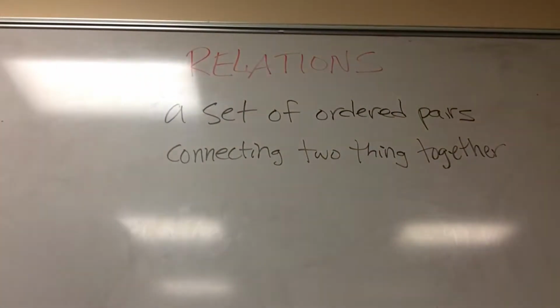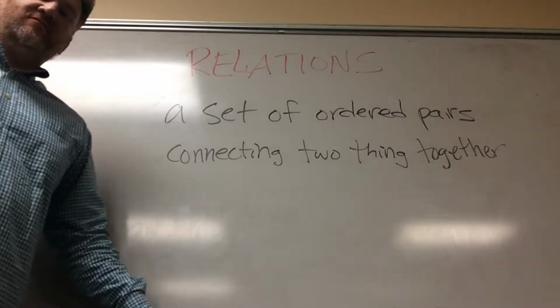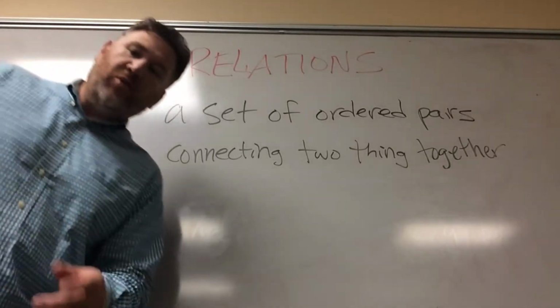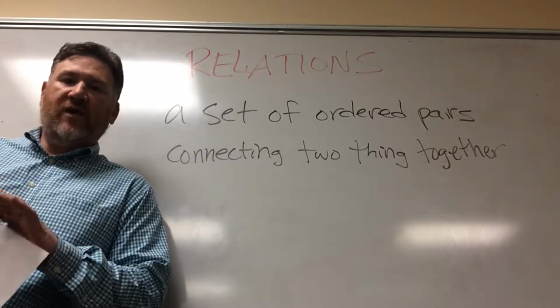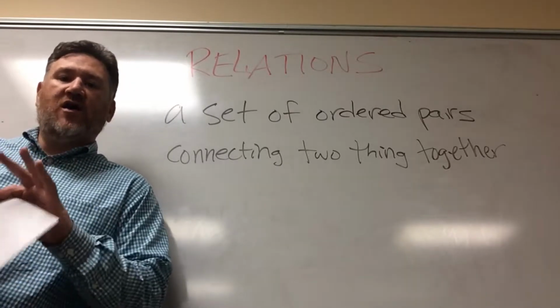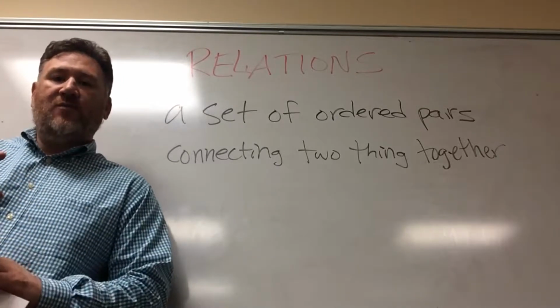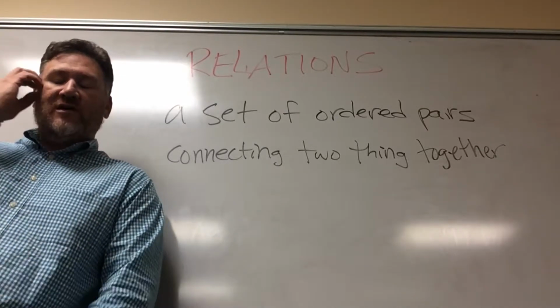Okay? A relation is a set of ordered pairs that connects two things together. Most of the time, what you've been dealing with is X and Y. Like when you're plotting a point or you're getting the coordinates, we have an X and we have a Y. Those two things are related in that particular graph to make the point.